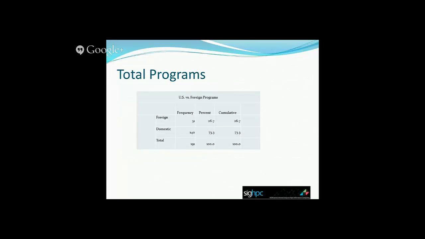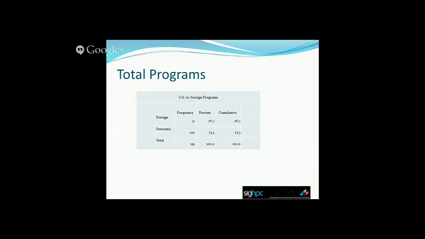Here's just an overview of programs. We're much better at finding U.S. domestic programs than foreign ones, because many of the foreign ones are not translated into English, so I'm sure we have an undercount of foreign programs. But in our list we have 140 domestic programs and 51 foreign programs, for a total of 191 that we found altogether.